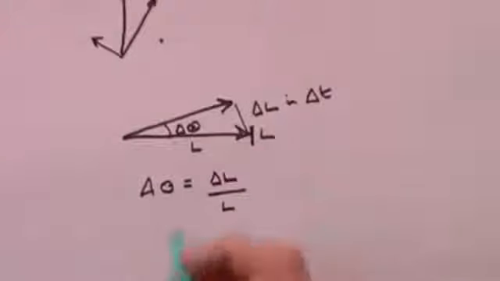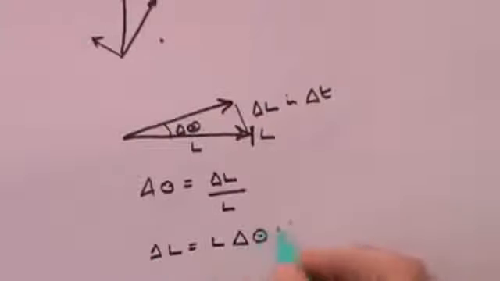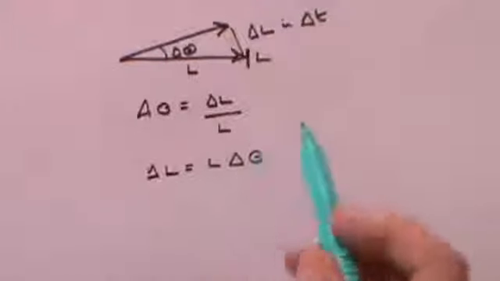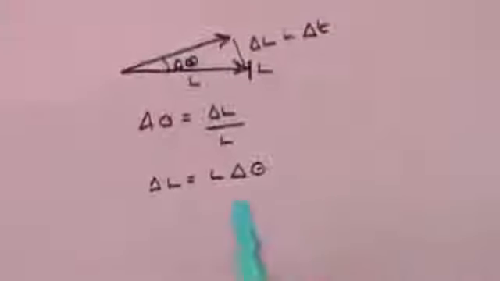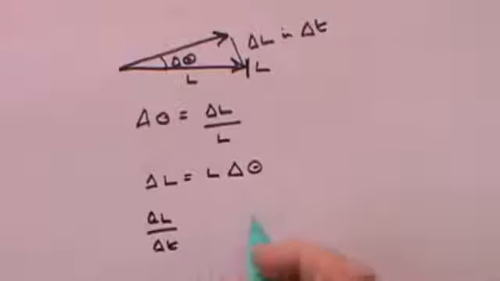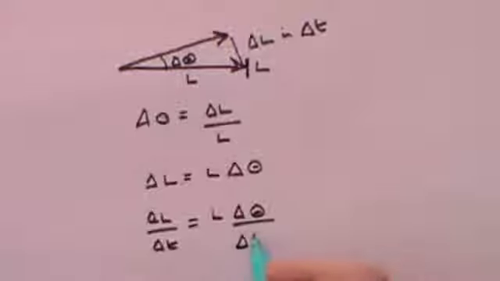And from that we can say that delta L is equal to L times delta theta. Now if we look at how that changes with time, we know that all this happened in a time delta t. That means that delta L divided by delta t is equal to L times delta theta divided by delta t.